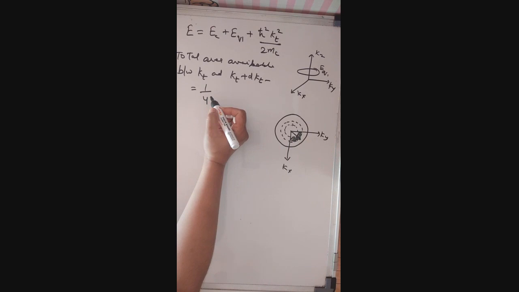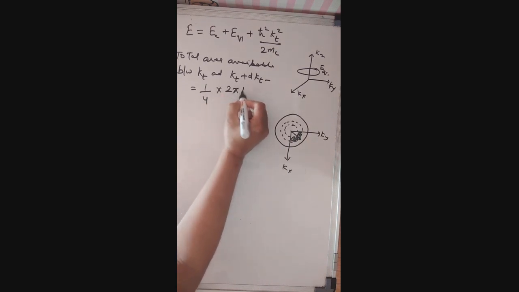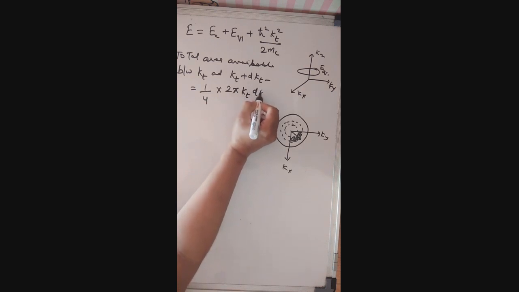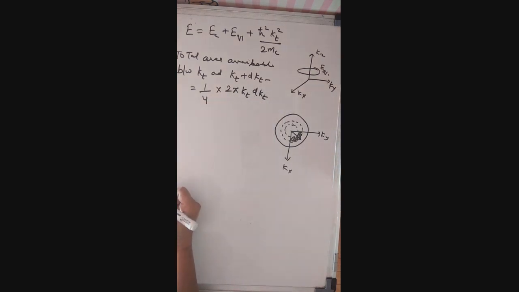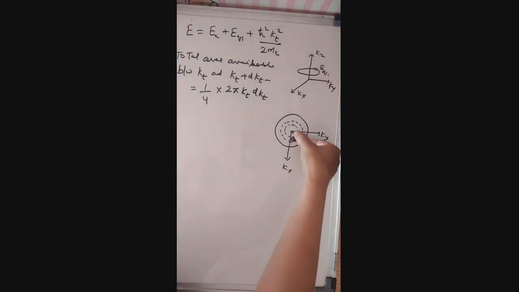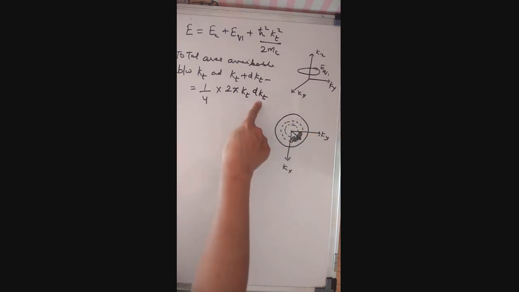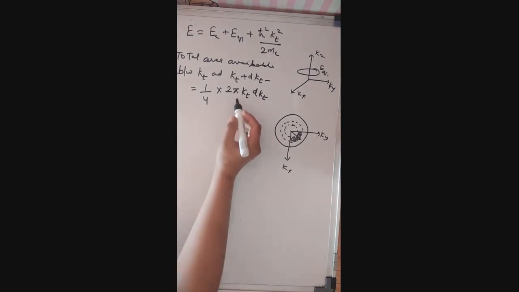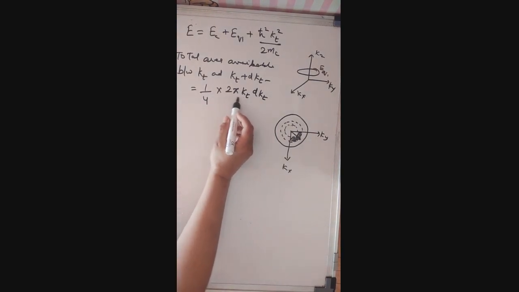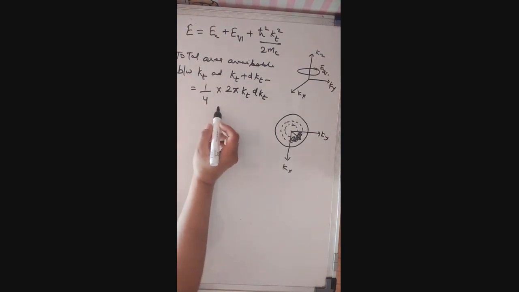Area of the disk is 2 pi r dr. So in our case it will be 2 pi kt dkt. Okay, dkt is the thickness of this disk, and kt is the radius. So 2 pi kt dkt is the total area available.